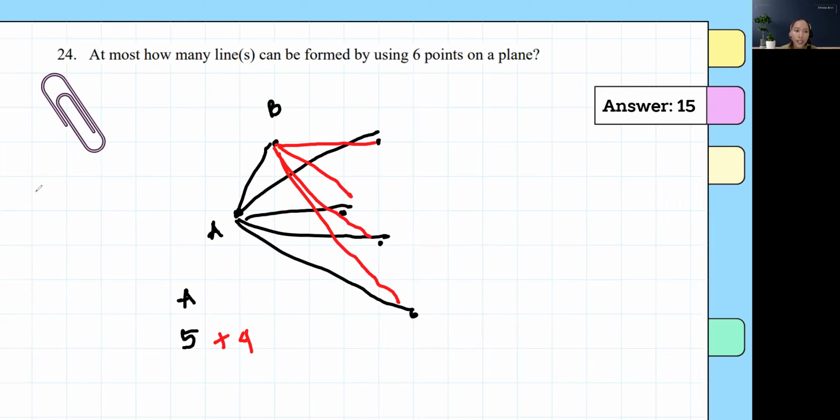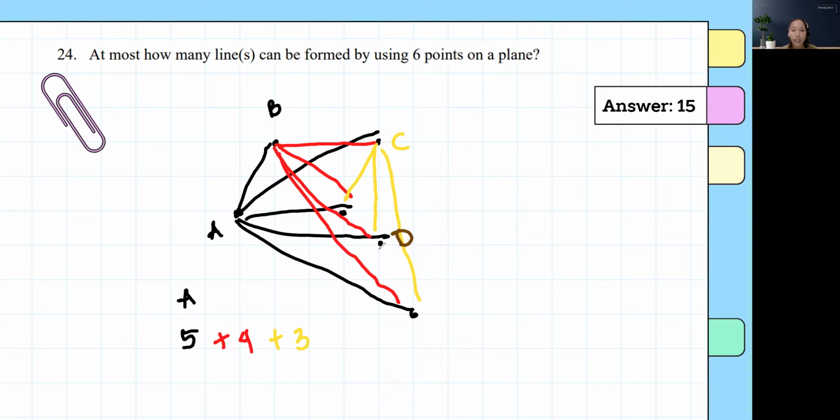If we go with C, we can only have 1, 2, 3, because otherwise we'd repeat what we did earlier. So 5 plus 4 plus 3. That's already a pattern. The same goes with D.